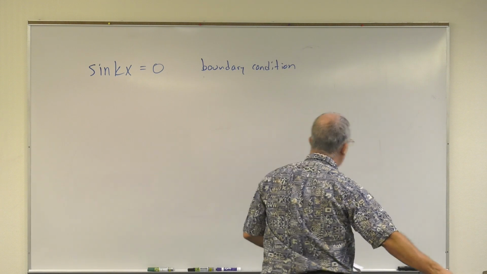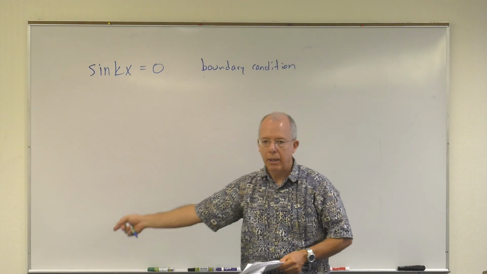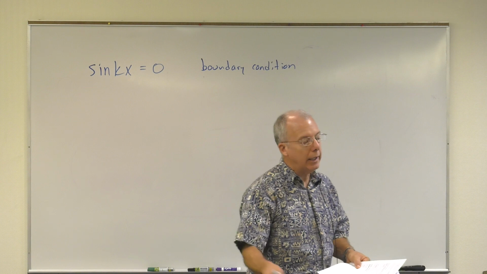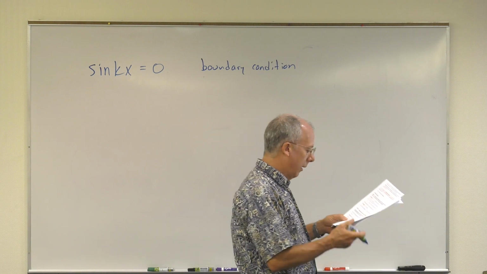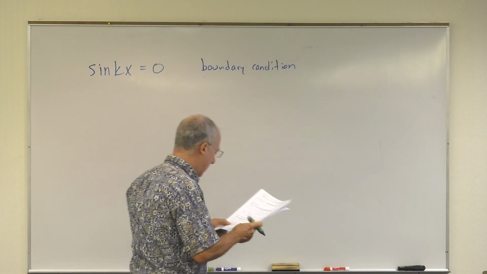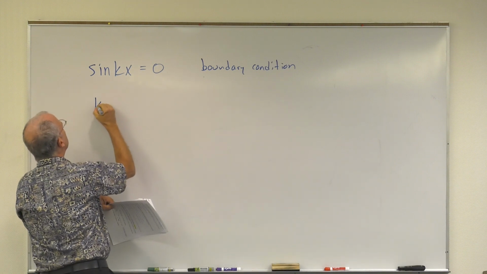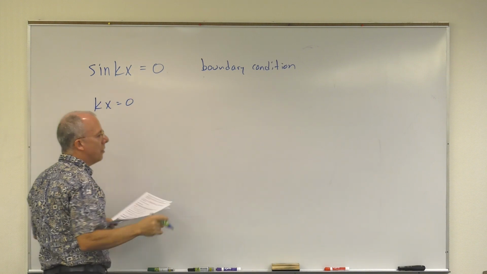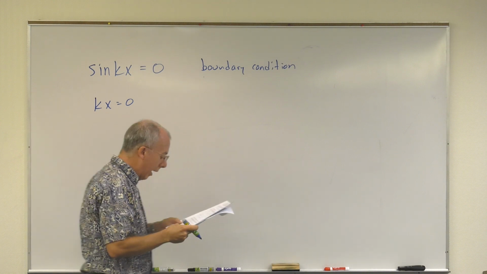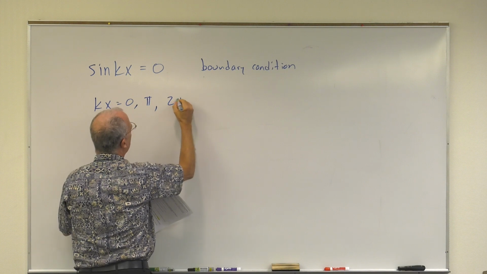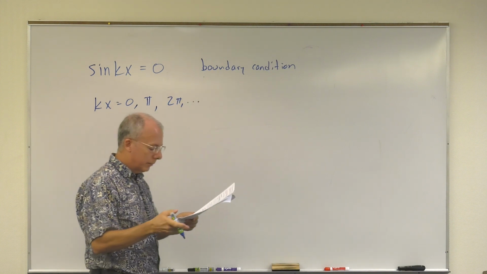Well, 0, pi, 2 pi, 3 pi. 0, 180, 360, and on and on. But we like pi's because we're doing radians. So kx has to be 0, but where else? Pi, 2 pi, and on and on.